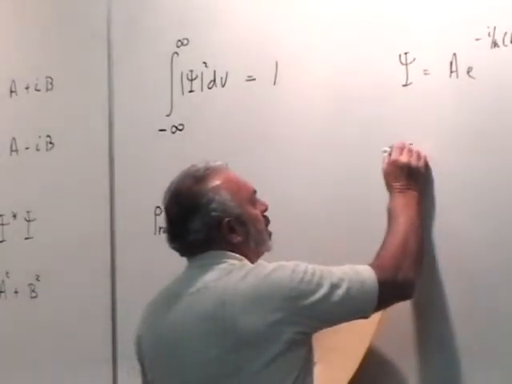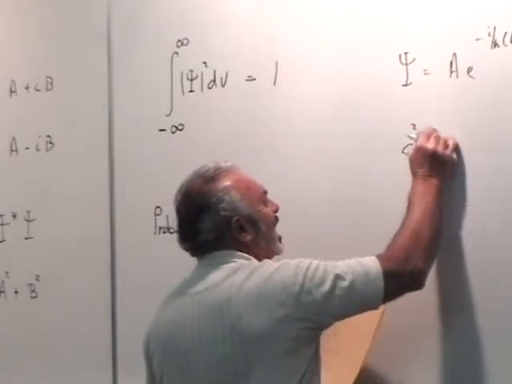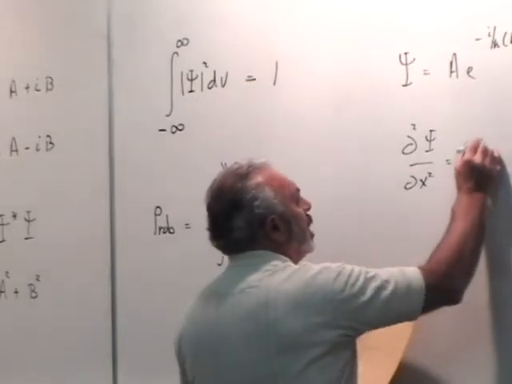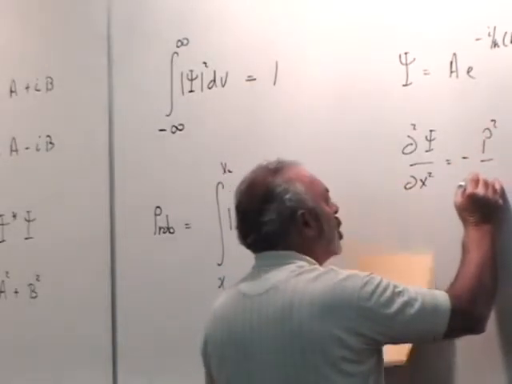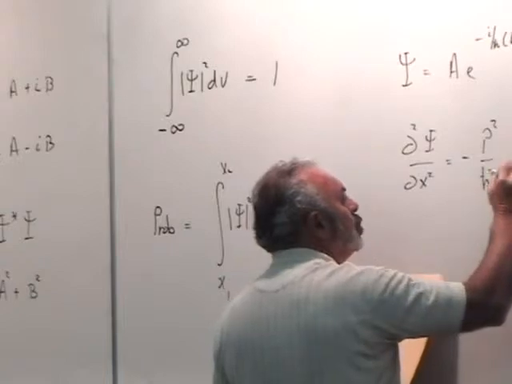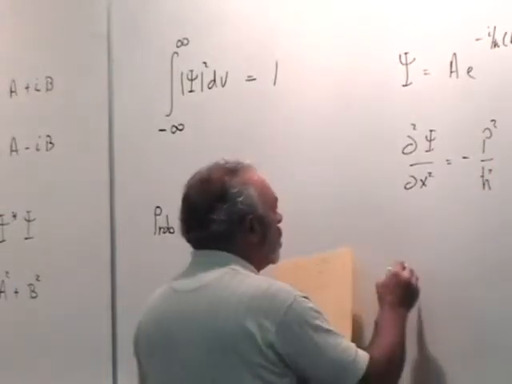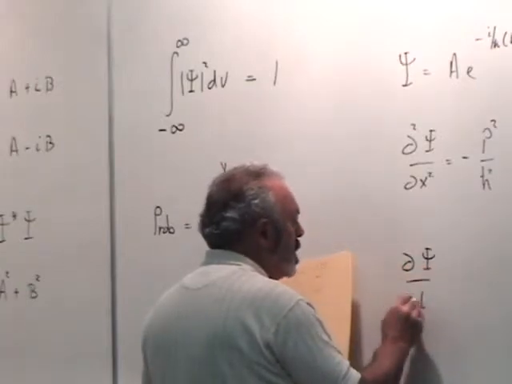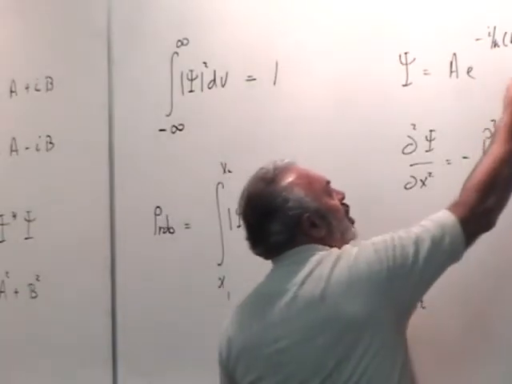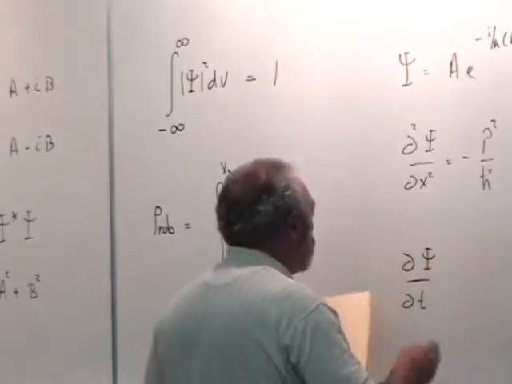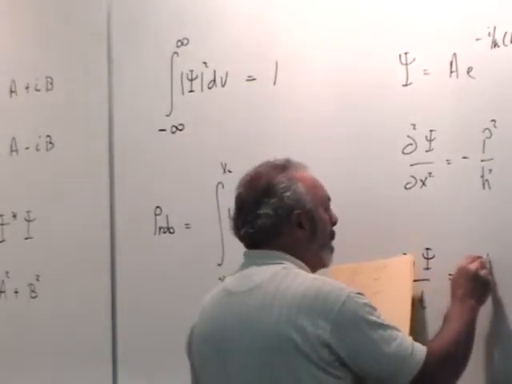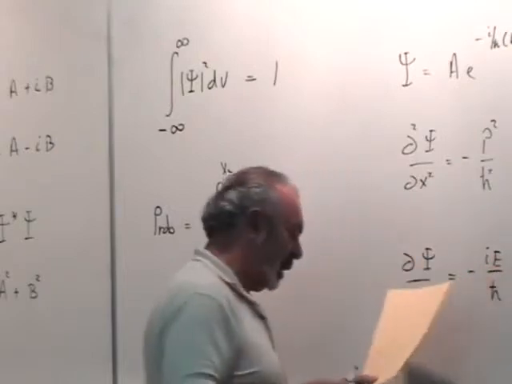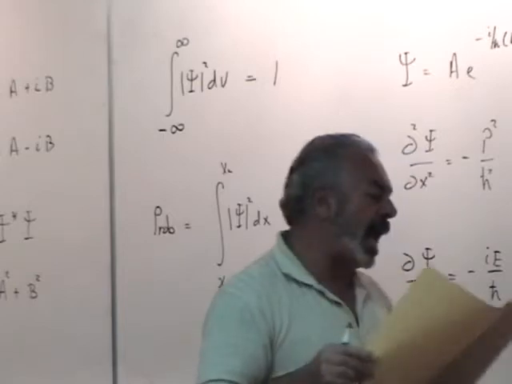We discovered that d squared psi dx squared is nothing more than minus p squared over h bar squared times the original wave function back again. Furthermore, d psi dt is just differentiating actually the other term and only once, so it is equal to minus iE over h bar psi back again. Why would we do that?